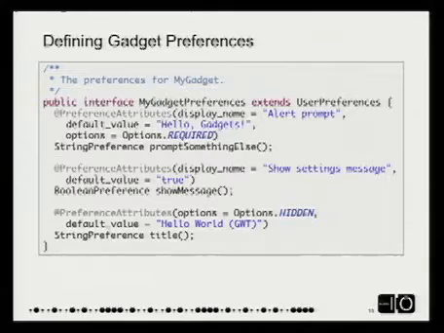You can say that it's required. These preferences can be of different types: strings, booleans, whatever makes sense for your app. This is how you would define a mechanism by which your gadget can be configured on a per user basis.